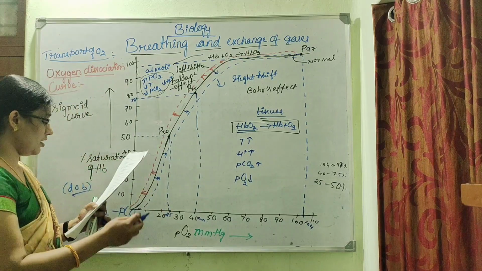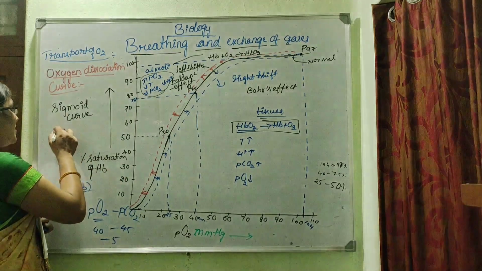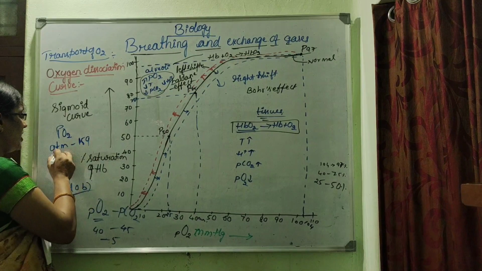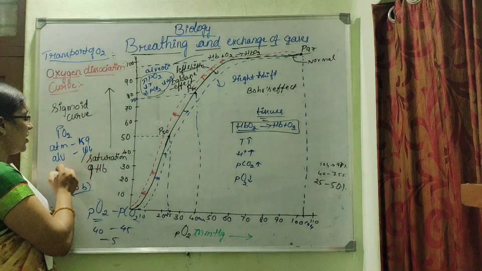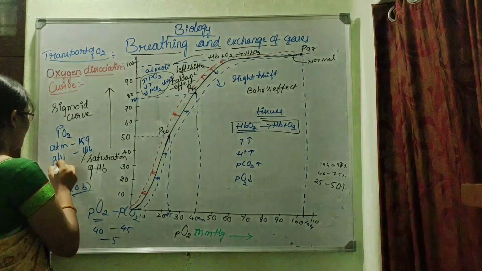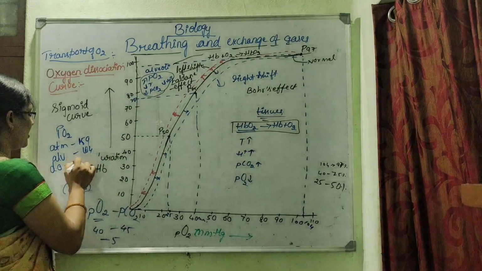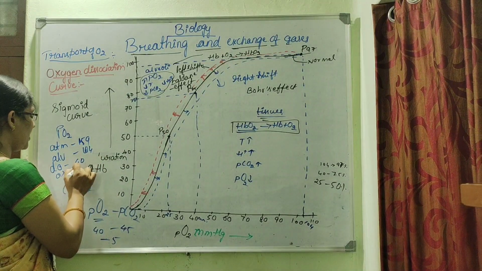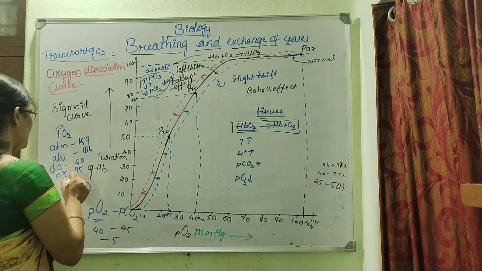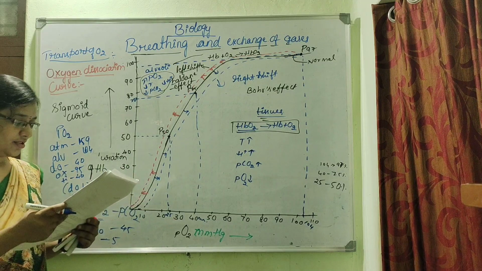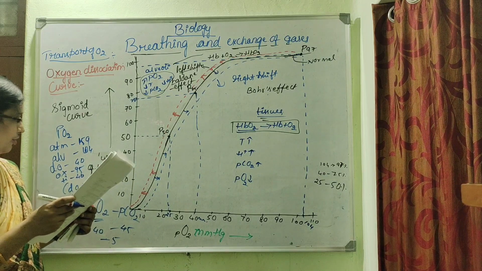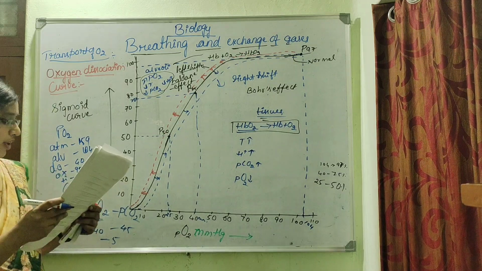The partial pressure of oxygen in atmosphere is 159 mmHg. In alveoli, it is 104 mmHg. In deoxygenated blood, it is 40. In oxygenated blood, it is 95. In tissues, it is 40. So option A: 159, 104, 40, 95 and 40.